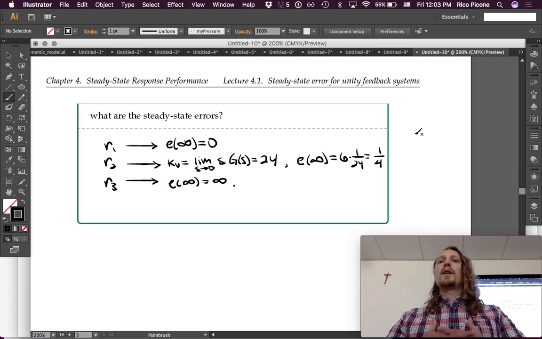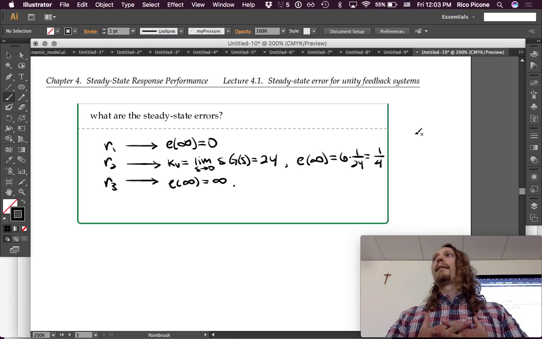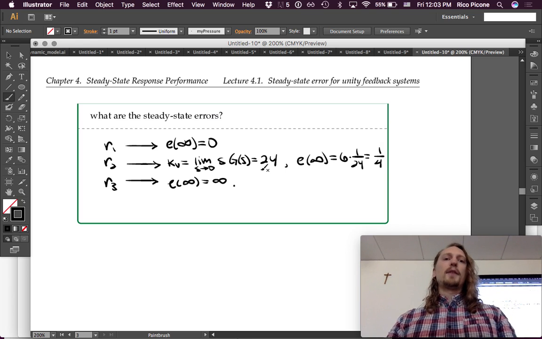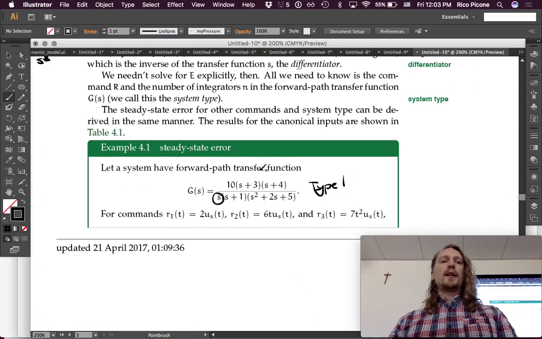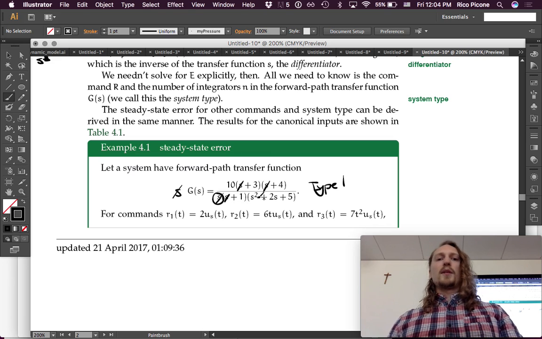Any questions before I wrap up? Where'd you get the 24 again? 24 came from plugging in s equals 0 here. Remember the term is s times g of s, taking the limit as s goes to 0 of s times g of s. So the s's cancel, and then you plug in s equals 0 everywhere else. So this goes away, this goes away, this term goes away, and you end up with 10 times 3 times 4 divided by 1 times 5.